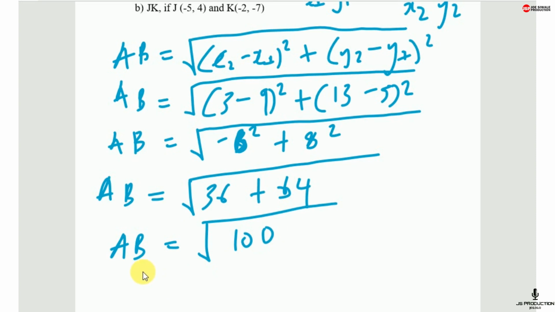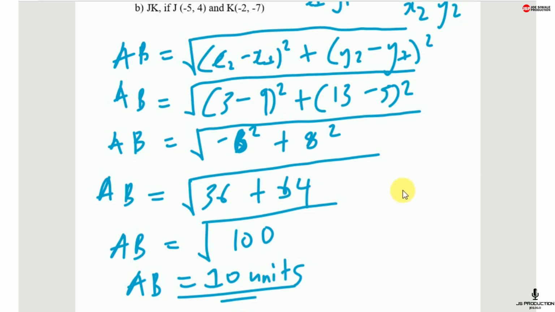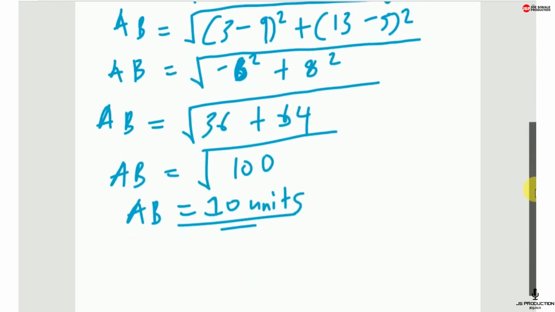And the square root of 100, that's 10. When you find your final answer, you need to include the units. So the length of line AB is 10 units. So that's how you calculate the length of line AB.